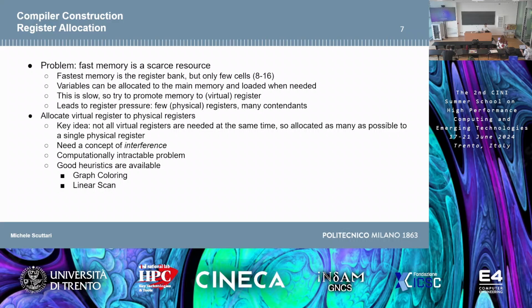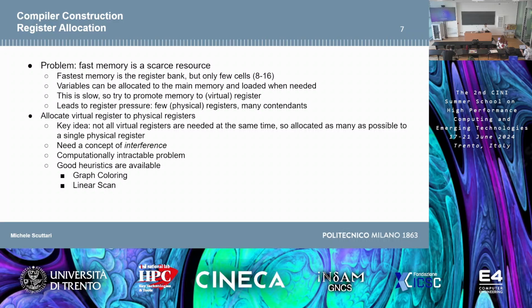The fastest memory is the register bank itself. The register bank is typically very small, it has only a few elements. Obviously, you could allocate all variables in memory and just load them into a register when you need to perform an operation. However, this is extremely slow because it causes a vast amount of traffic between the CPU and the main memory, or at least the cache.